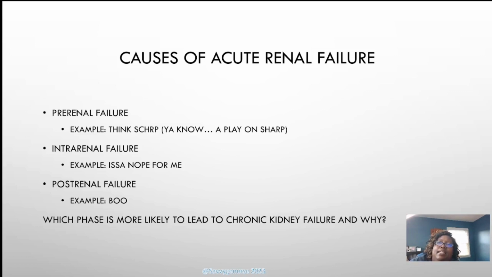And last but not least, post-renal failure. Boo. Hello. Boo. Bladder obstruction, urethral obstruction, and ureteral obstruction. So that's what I got boo from. So hold up, boo. That's post-renal failure. So which phase is more likely to lead to chronic kidney failure and why?